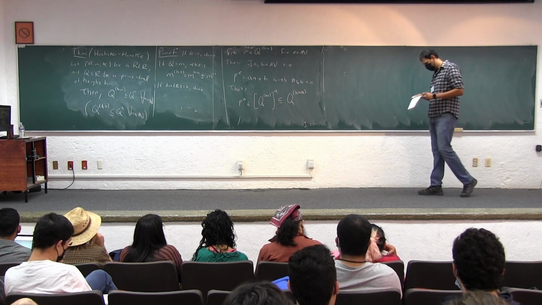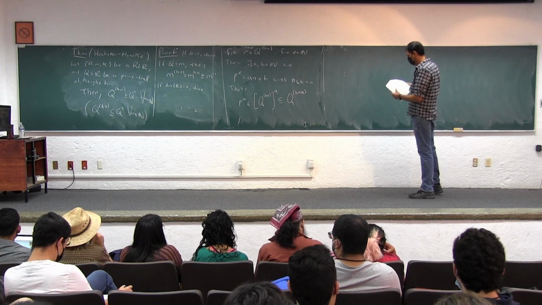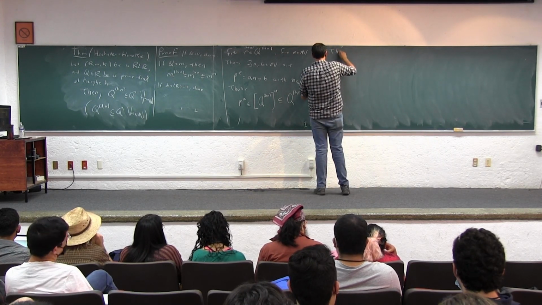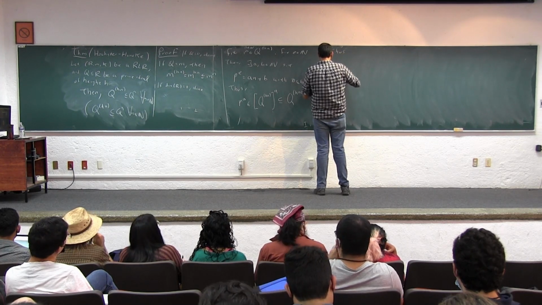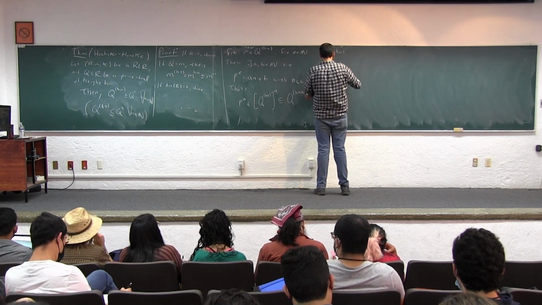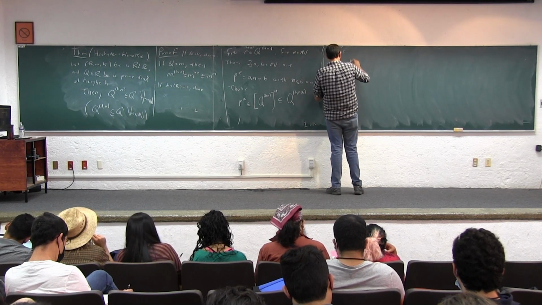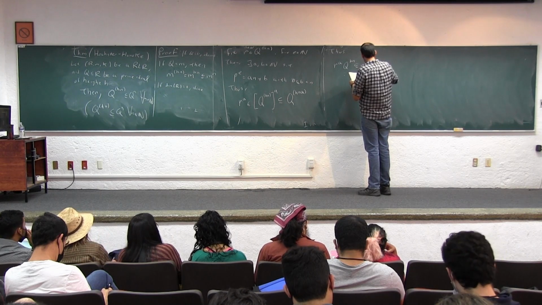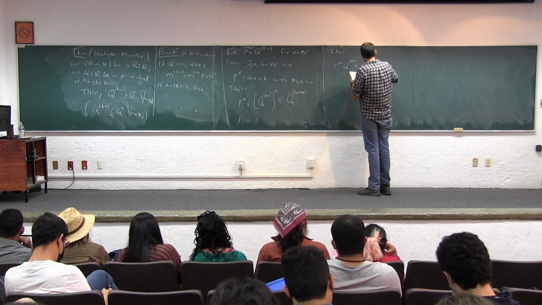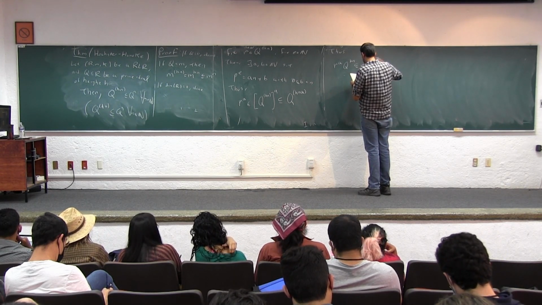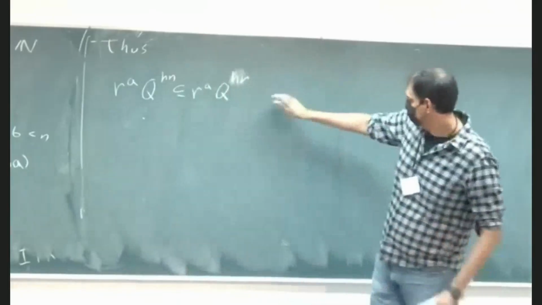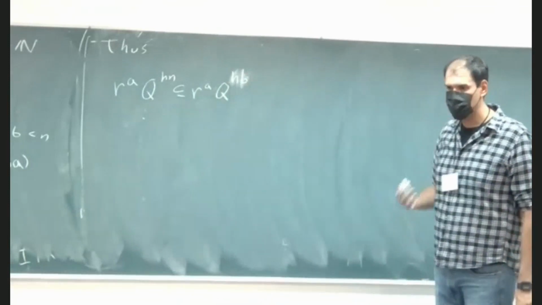Now, okay, so thus we will take r to the a and we multiply by Q symbolic h b. This is contained in r to the a Q symbolic h b. Why? Because b is strictly smaller than n, no?